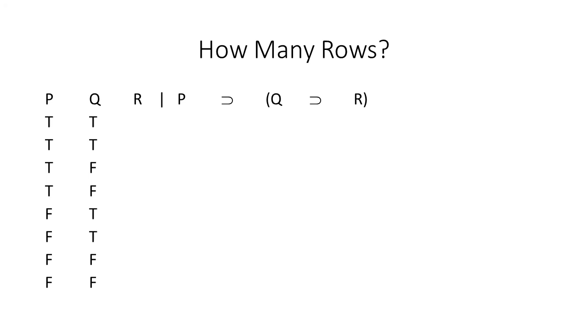In our next column, we'll have true, true, false, false, true, true, false, false. And then in our final column, we'll have true, false, true, false, true, false, true, false. I can guarantee you that if you always do it this way for these three simple statement ones, you're going to have all of the possibilities. If you don't do it this way and just try to do it on your own, you'll probably get it wrong. It's too much to keep track of.